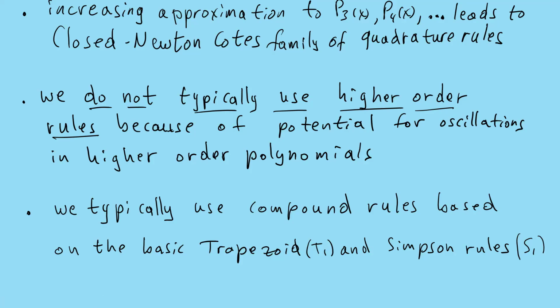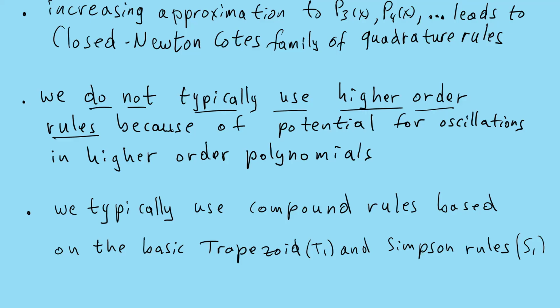Usually we don't apply the trapezoid or Simpson rule just once over the entire interval because that would give a rough estimate. Instead, we divide the interval into several small sections or several panels and then apply the same basic rule on each panel.